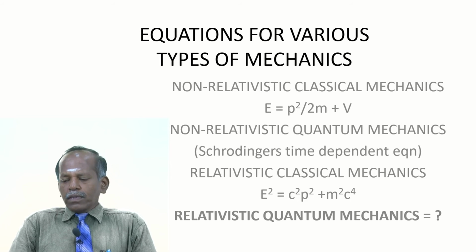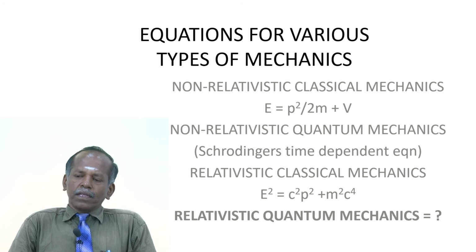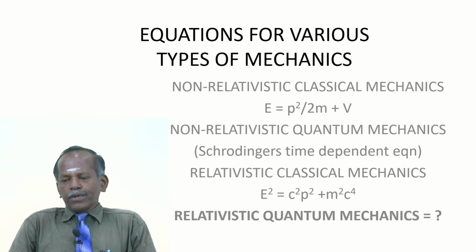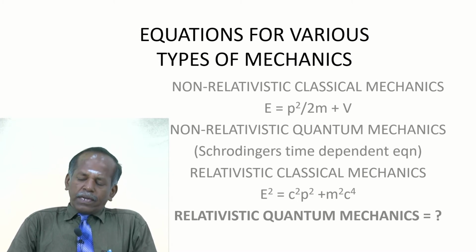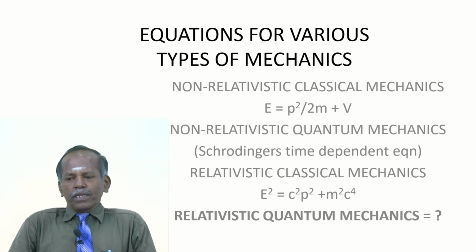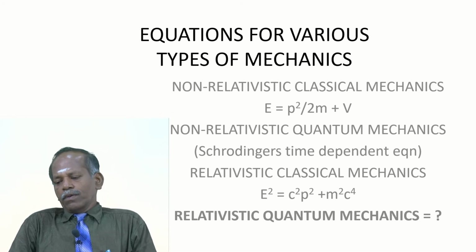This question was put to scientists, and each scientist tried to develop their own methodology, their own equation. So one by one we are going to see how they develop the equation, what is their basis for their thinking, and what are the merits and demerits of the equations, and what would be the final equation.